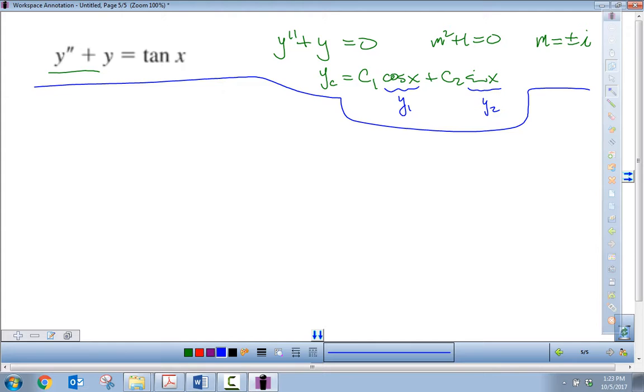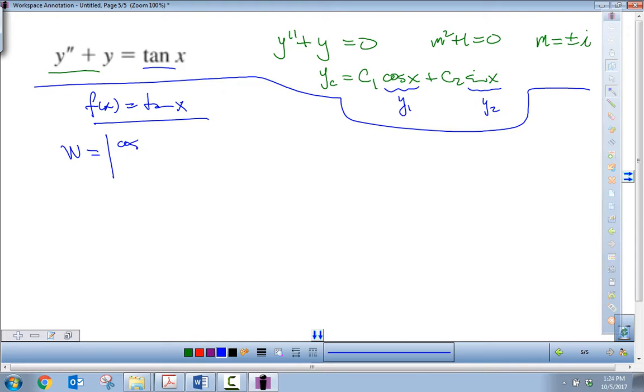All right, so now let's get to our f(x) here. f(x) is equal to tangent x, tan x. So we need a few things. We need our Wronskian. A Wronskian involves the original set of our fundamental solution set.